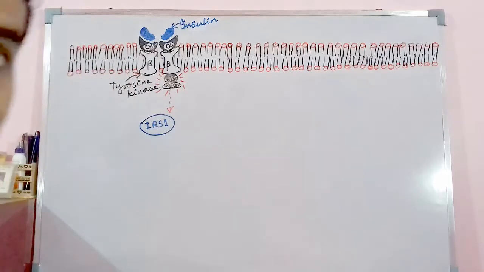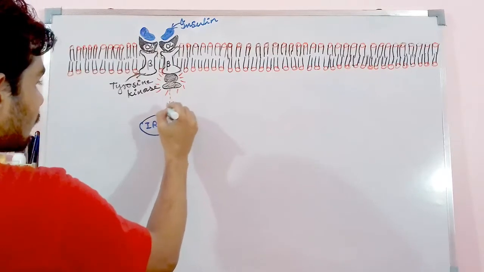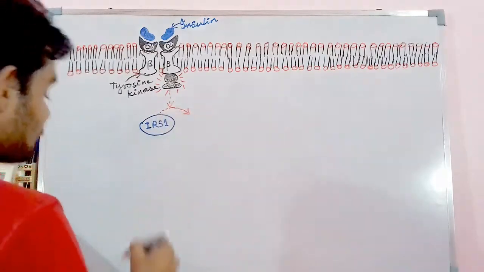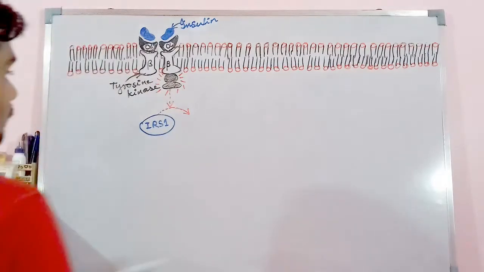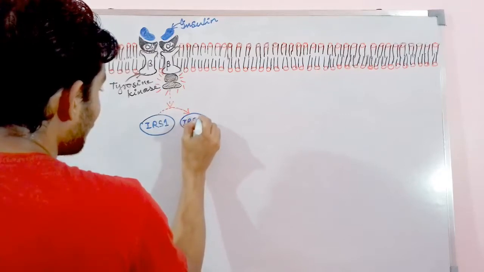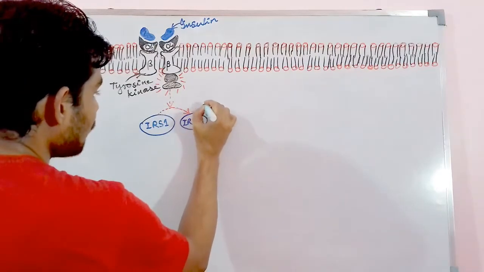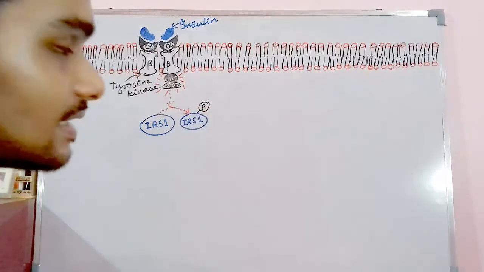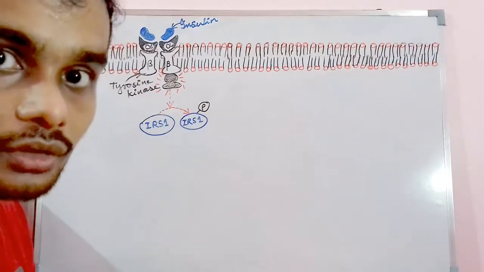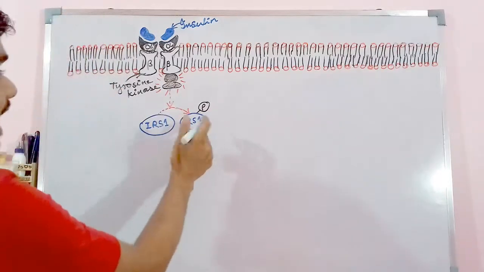This insulin receptor substrate molecule gets activated with the help of the addition of a phosphate group, because the tyrosine kinase enzyme helps in donating the phosphate radical to this insulin receptor substrate, which gets phosphorylated and activated.